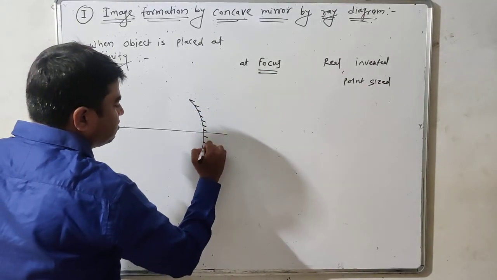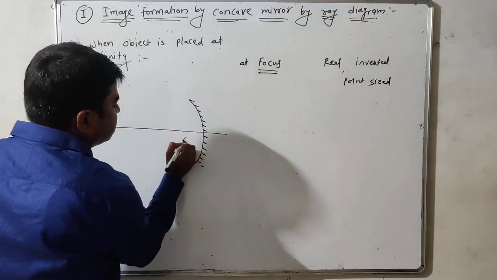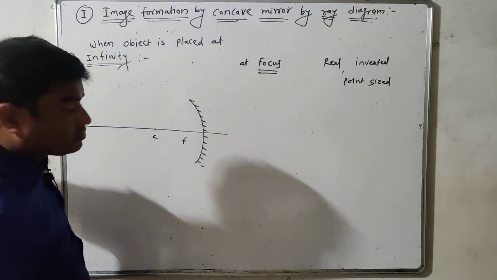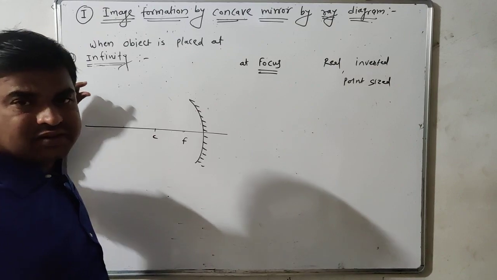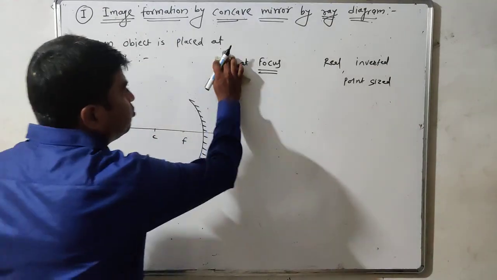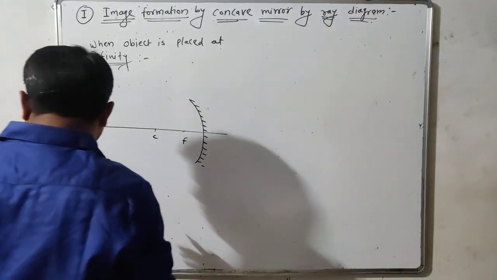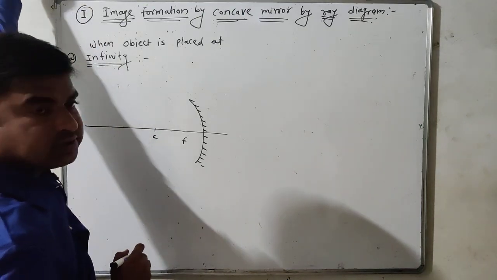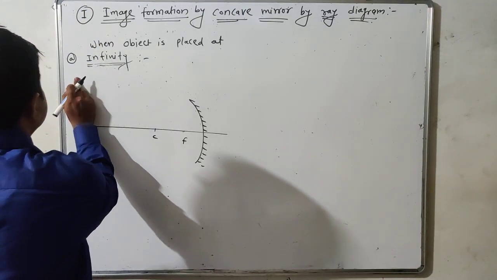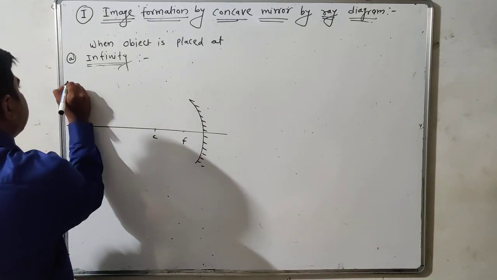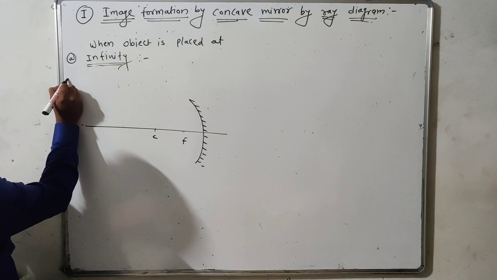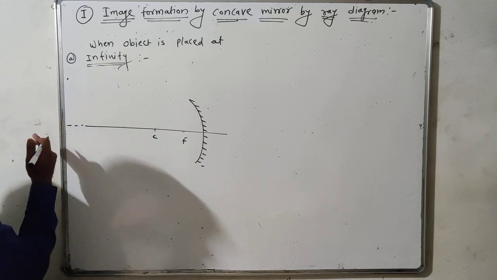This is the concave spherical mirror. This is focus. This is center of curvature. So student, we again take a point object which is at infinity but above the principal axis. If we consider this, okay, here also like this. So this point object is at infinity.